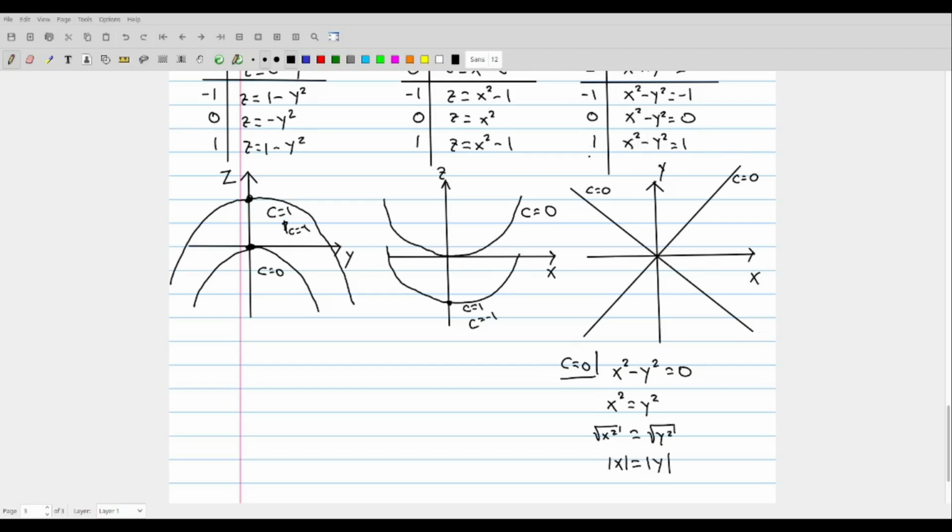So for c equals positive 1, the equation x squared minus y squared equals 1 is actually a hyperbola that's opening along the x-axis, so it looks kind of like this. And same thing right here.